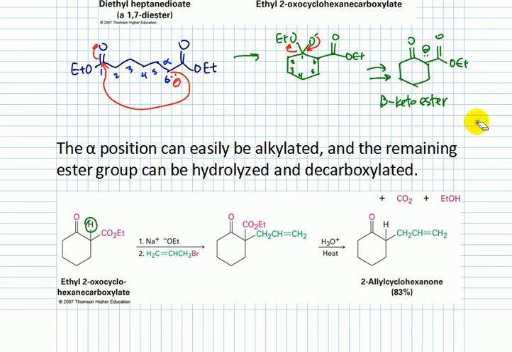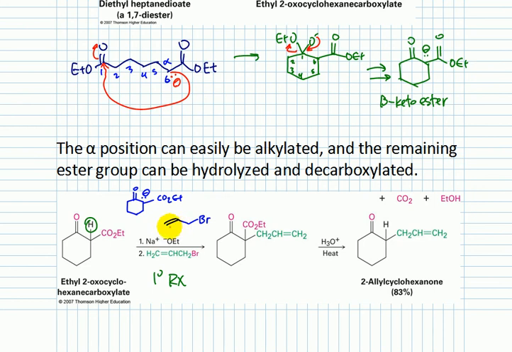Then if you add some sort of primary alkyl halide, you can do a regular old SN2 reaction, where we'll have, see if I can draw this small up here, CO2Et, we have an enolate, CH2CH, CH2Br, that's allyl bromide.